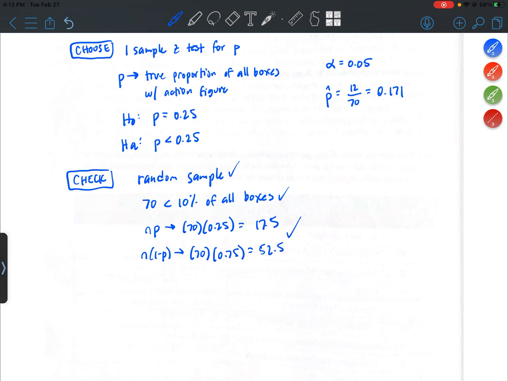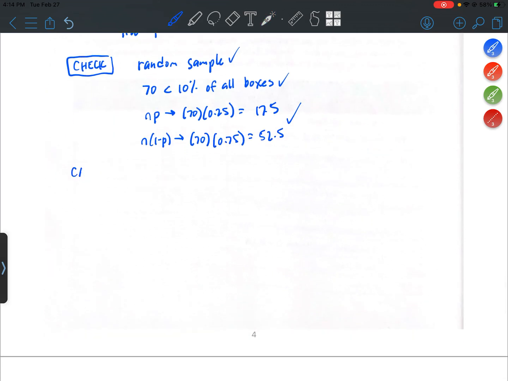So we meet the large counts rule. Just a reminder, we check the random sample condition so that we can generalize to the population. The reason for checking the 10% rule is so that sampling without replacement is okay, and the reason we check the large counts rule is so that our sampling distribution is approximately normal, and then we can do normal calculations.